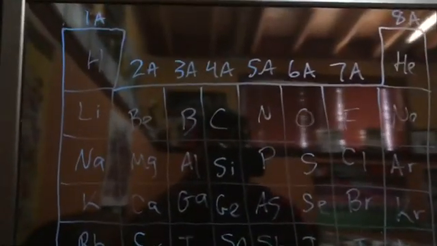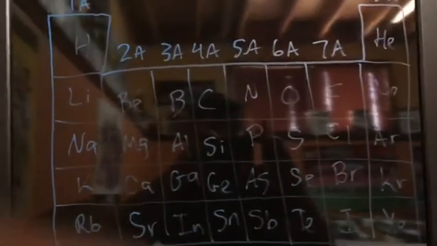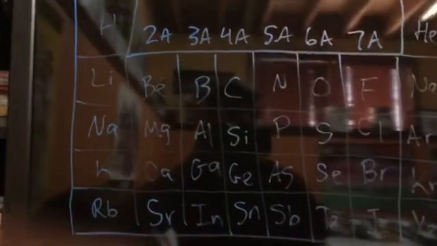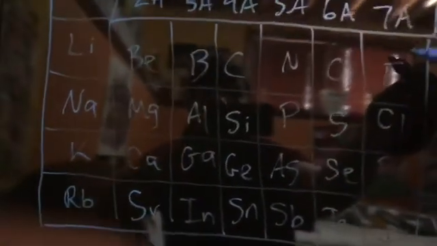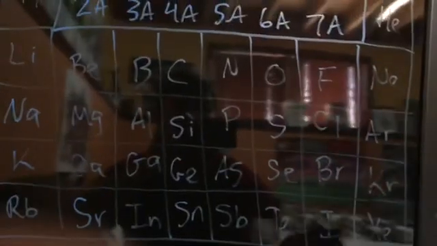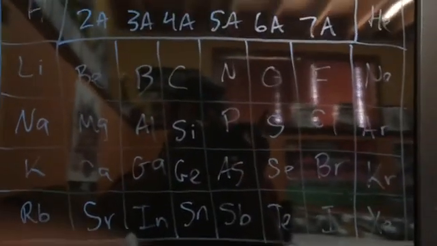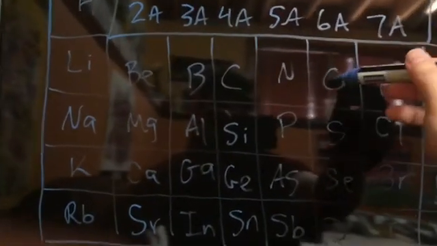Now those numbers there, those are actually going to tell us how many valence electrons each of these elements has. So if you remember back to the video about the periodic table, like for this group, for example, was group 17, but it has 7 valence electrons. Same with this one here, group 16.